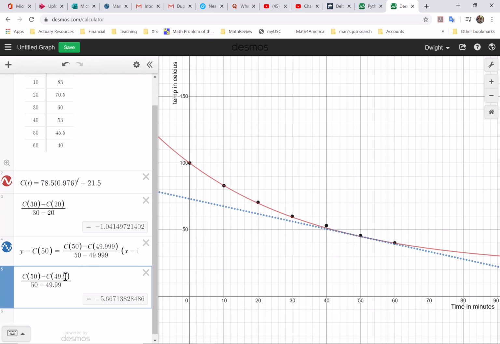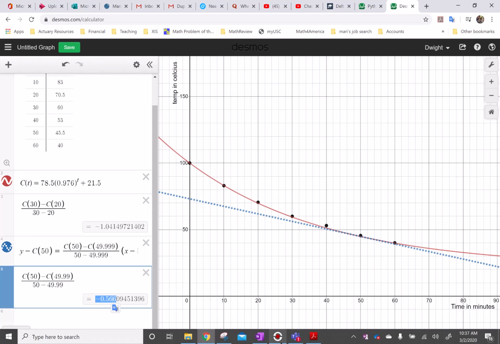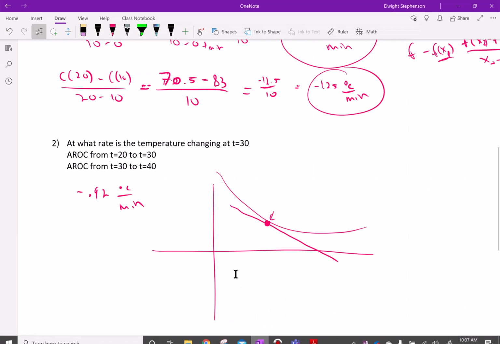If I get even closer, negative 0.566. And you can see that that number is not changing anymore. So I can basically estimate that the slope of the tangent line, the instantaneous rate of change at 50, is negative 0.566 degrees Celsius per minute.